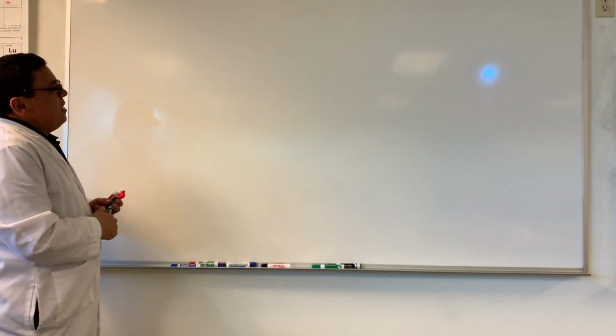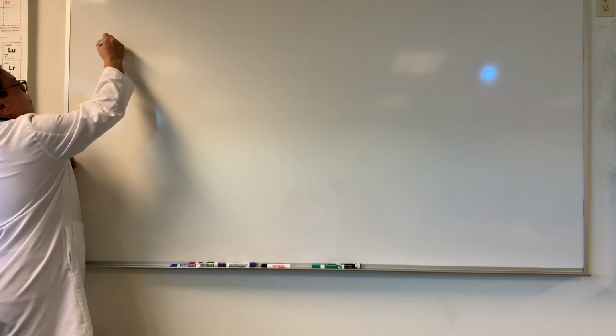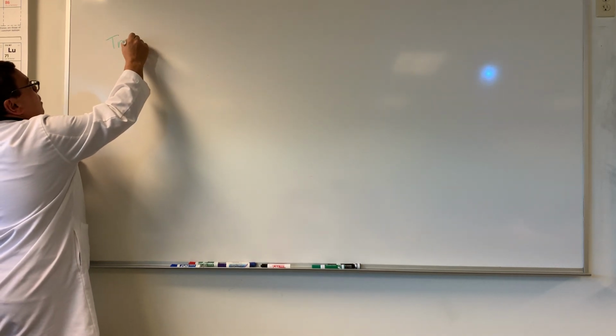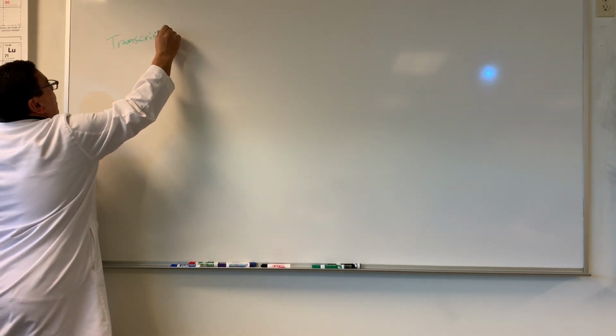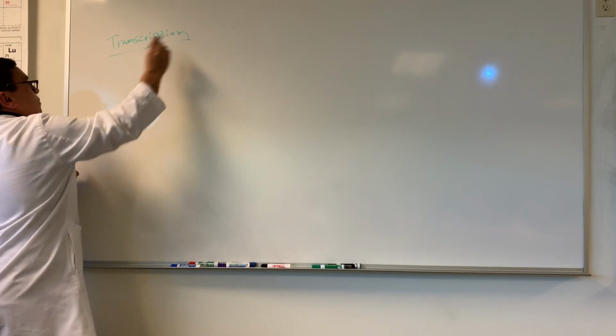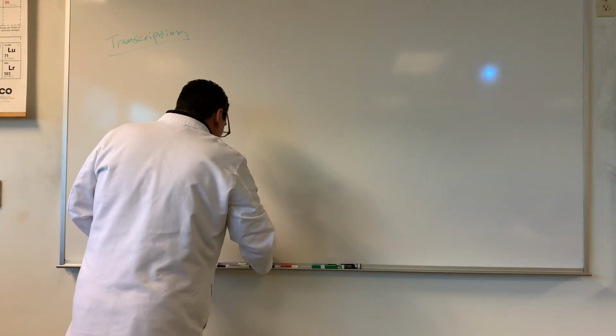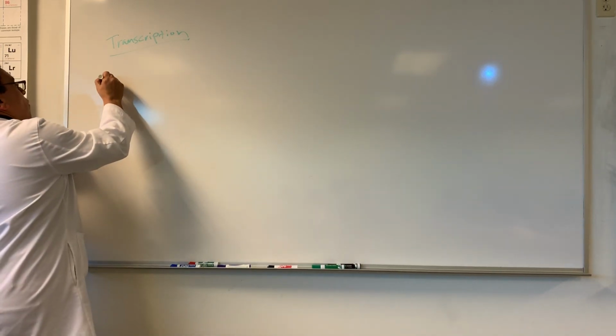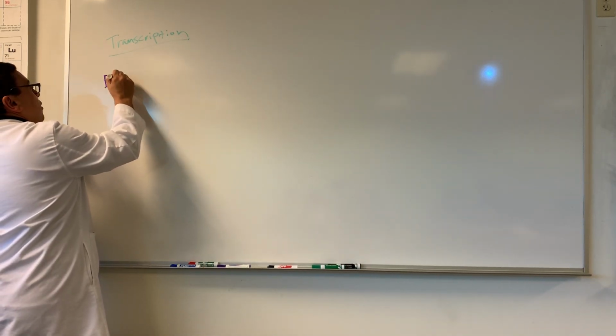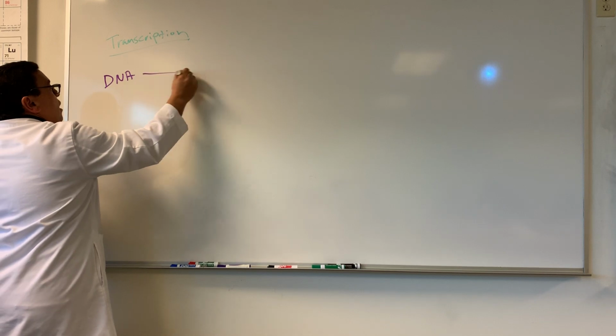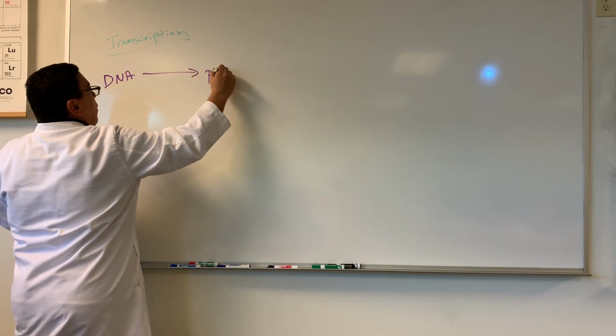All right, listen. We're going to do the first step. The first step is transcription. Here we go. Transcription is DNA to what? RNA. Good. So I'm going to specifically talk about the eukaryotic one. DNA actually going to pre-mRNA.